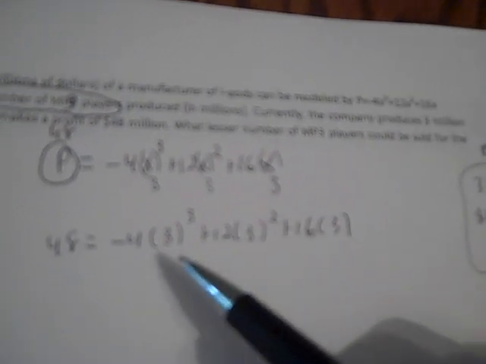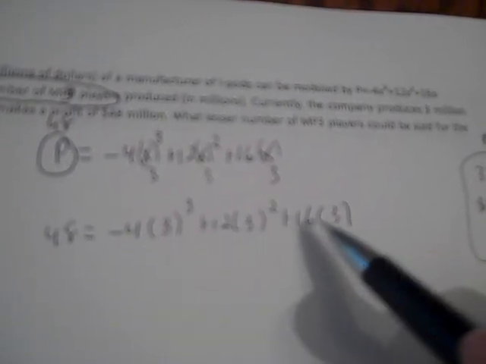Now what you need to do at this point is plug this side into the equation and make sure it equals 48. Just make sure. So negative 4 parentheses 3 to the third power plus 12 parentheses 3 to the second power plus 16 parentheses 3. 48. Good.